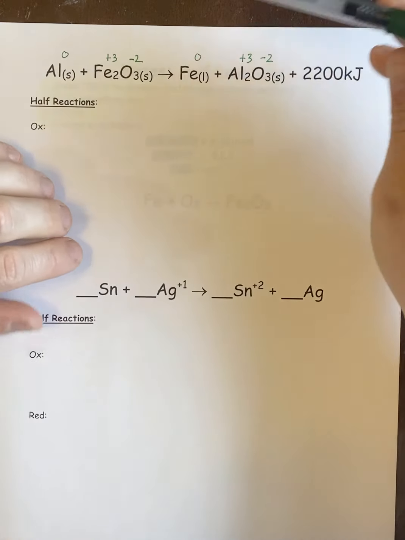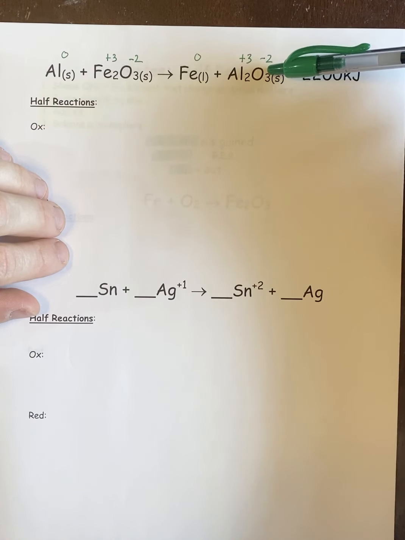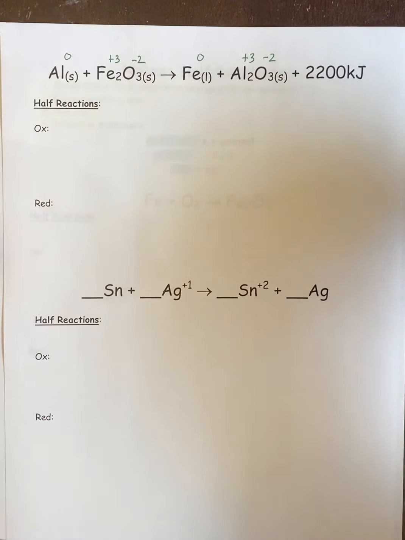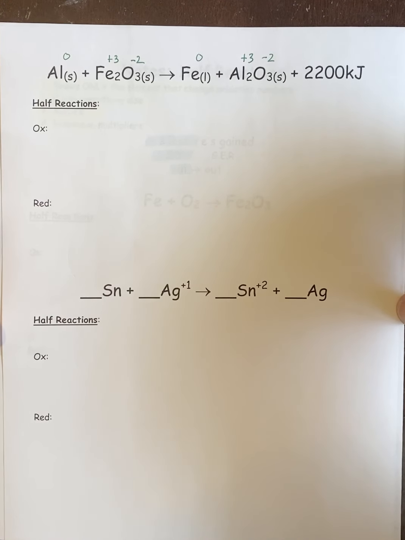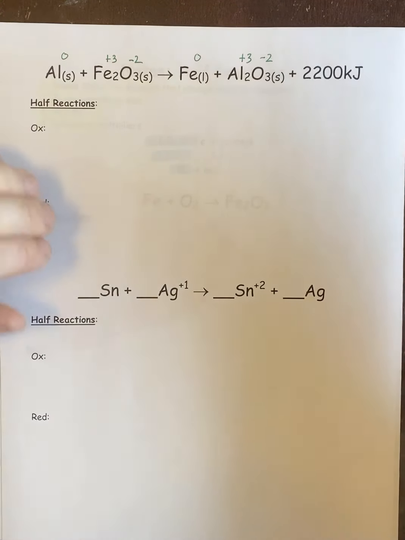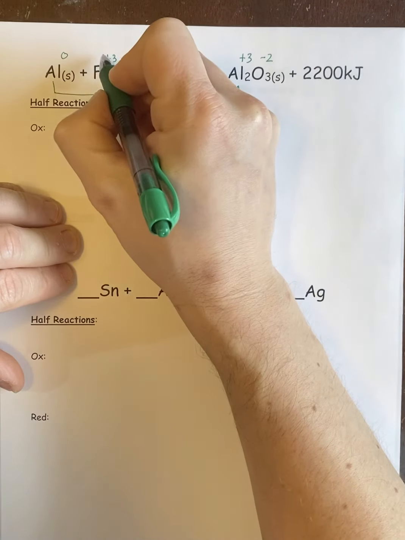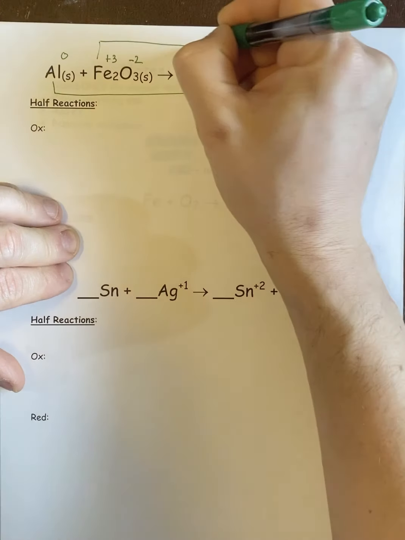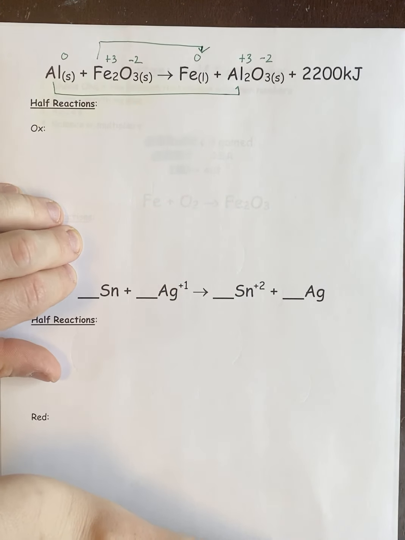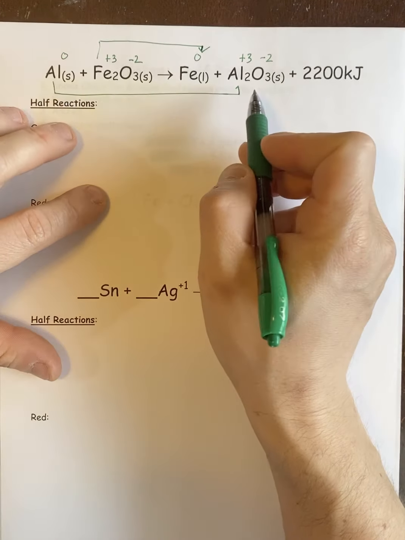Next step, identify the elements that changed. So if we look, oxygen didn't change. It's -2 on the right side, it's -2 on the left side. So since oxygen didn't change, we do not care about it at all. So I'm only going to be looking at aluminum and iron. All right, so aluminum went from 0 to +3.